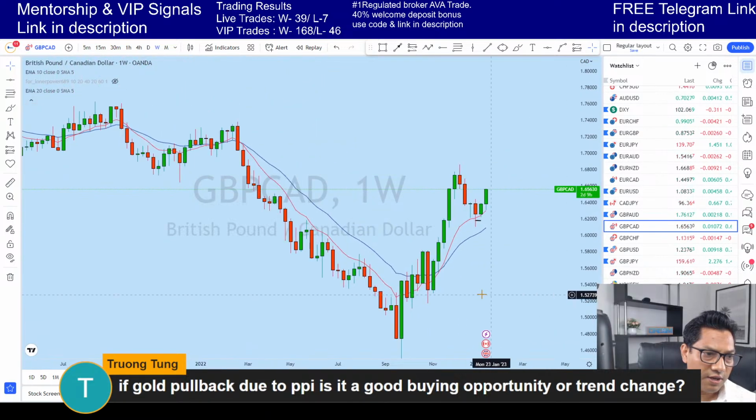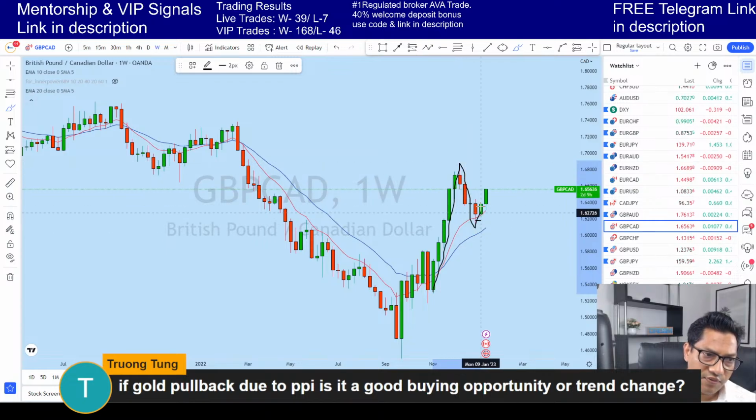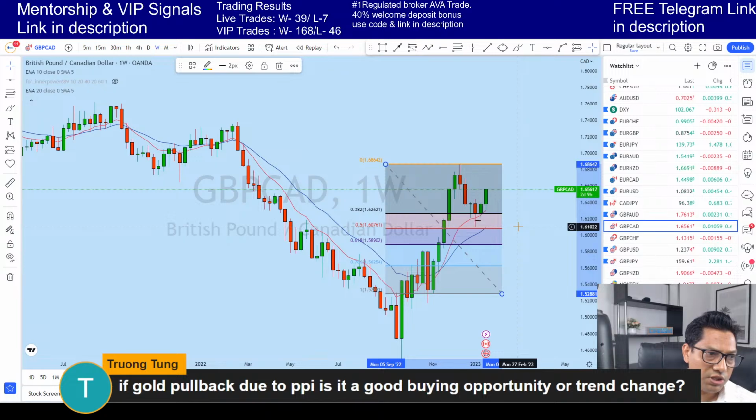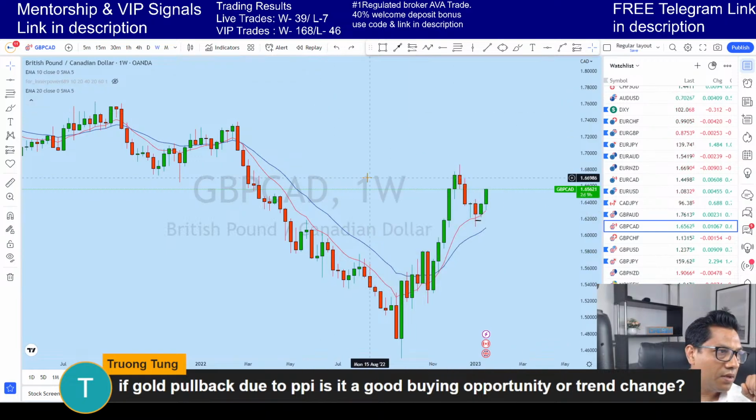So there is a big impulse on the weekly, it has retraced significantly, and now it is in another impulsive phase. If we take our Fibonacci from low to high, the price has retraced exactly 38.2 to 50%, and then closed above 38.2%, going up. It's a sign of strong momentum.